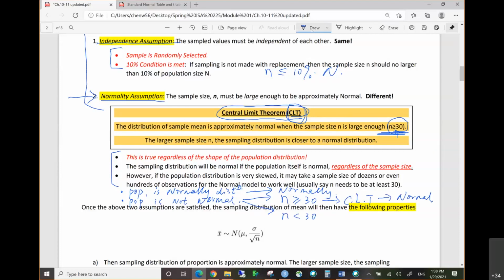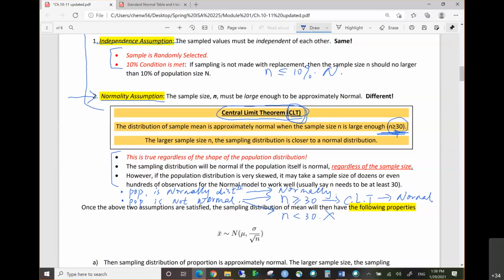The other way, if the sample size is less than 30, we cannot apply the central limit theorem. Then we do not know whether the sampling distribution of mean follows a normal distribution or not. We don't know. It might be, but we do not know.